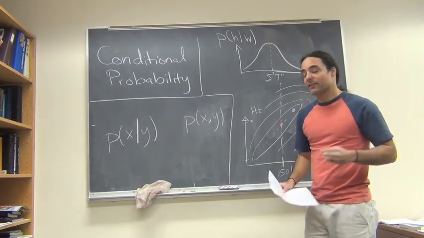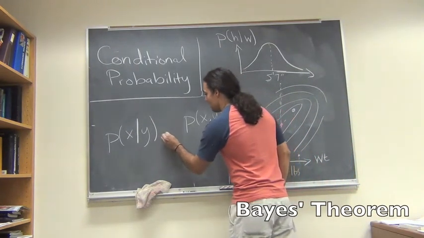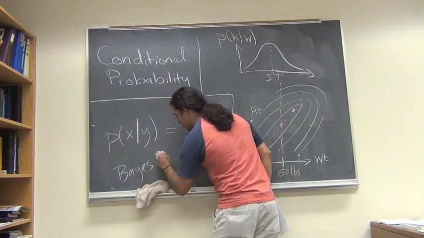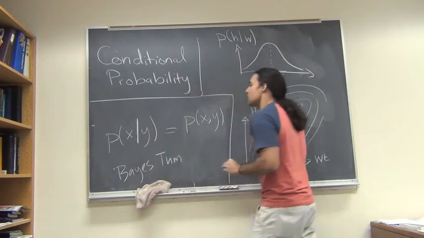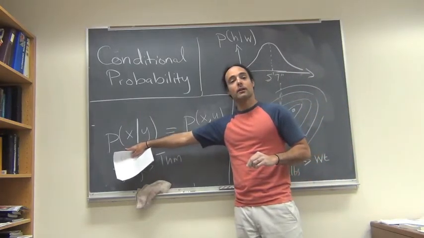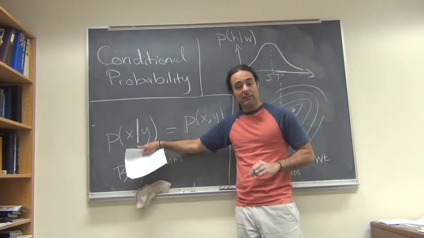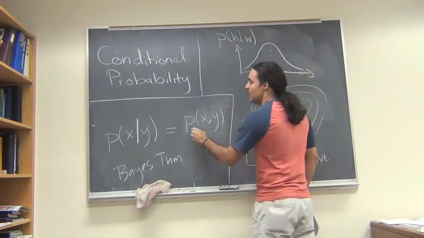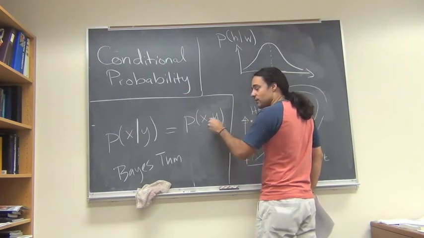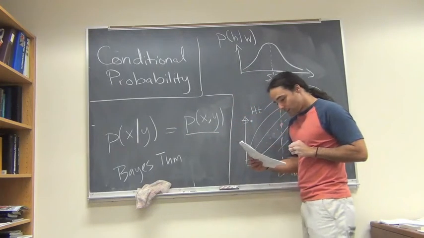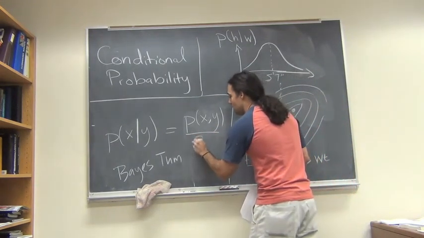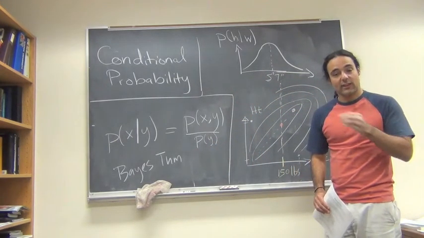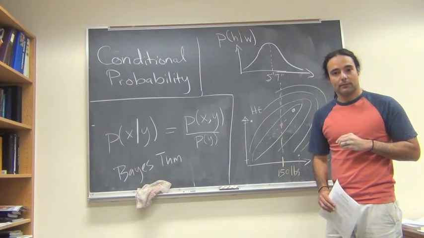Well, it turns out we can relate them by something called Bayes' theorem, which says that the probability of getting a value x, given that you know you have a value y for the second random variable, is equal to the joint probability density of x and y divided by the probability density of getting y by itself.